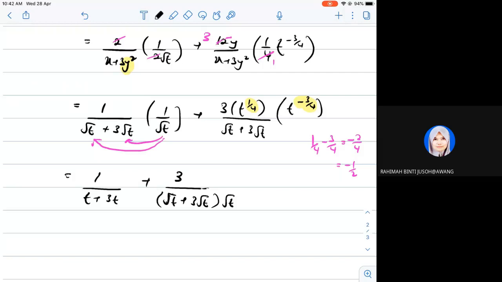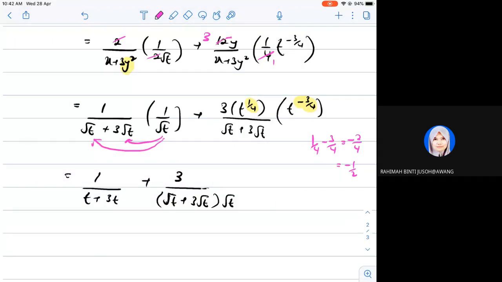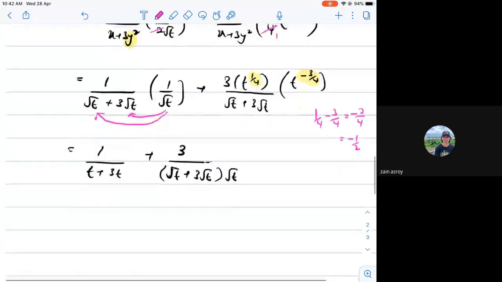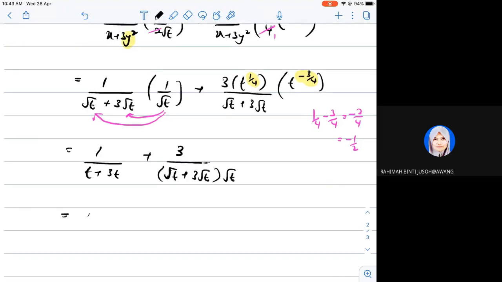Faham tak apa saya buat ni? Guys? Madam, kalau kita maintain T negatif 1 over 2 dekat atas tu apa kan? Boleh, tapi dia nanti you kena darab masuk dalam ni juga. Kita kena simplify ni. So, dia kena jadi macam ni. Okay, now kita boleh simplify tak yang bawah ni?